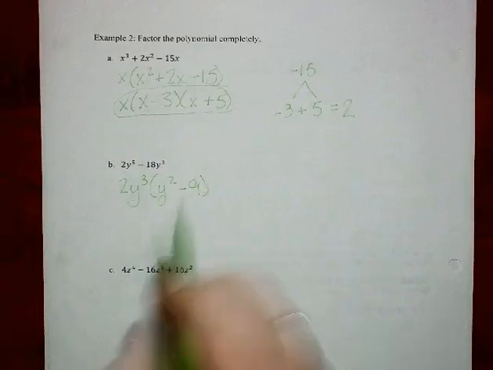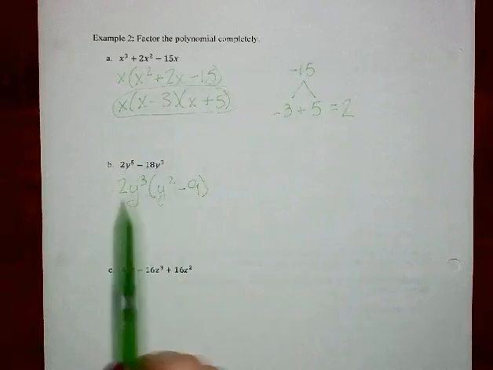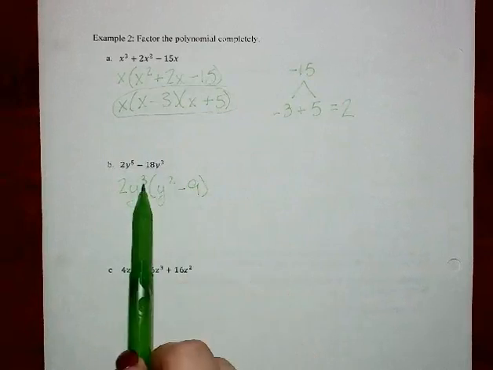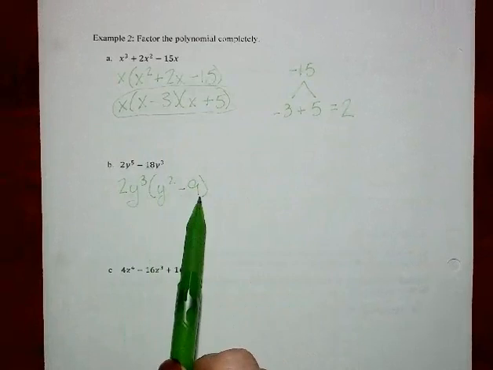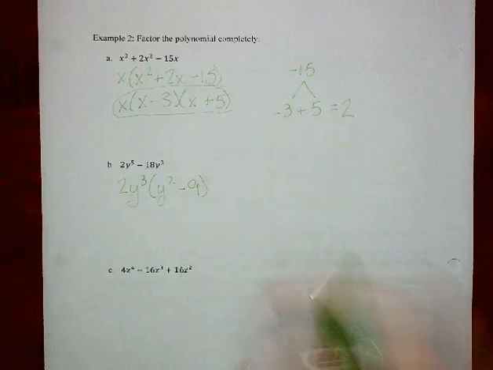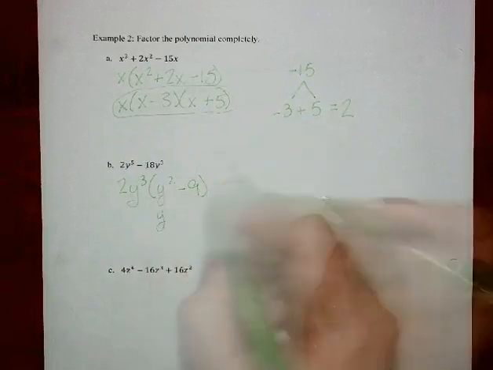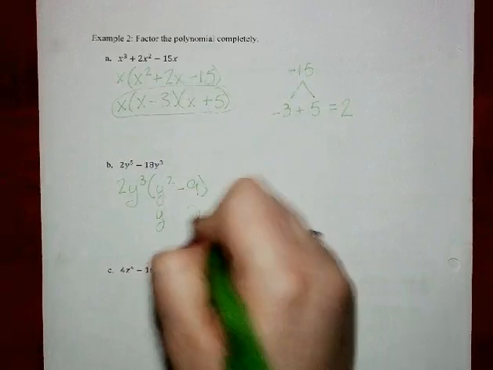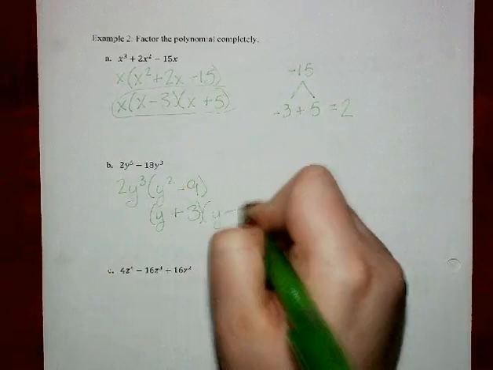Okay, so now we look at this. We have no fractions, no square roots, so we're good there. 2y to the third can't be factored anymore, but y squared minus 9 is a difference of squares. So we take the square root of this one, and we get y. Take the square root of this one, and we get 3, and we have 1 with a plus and 1 with a minus.